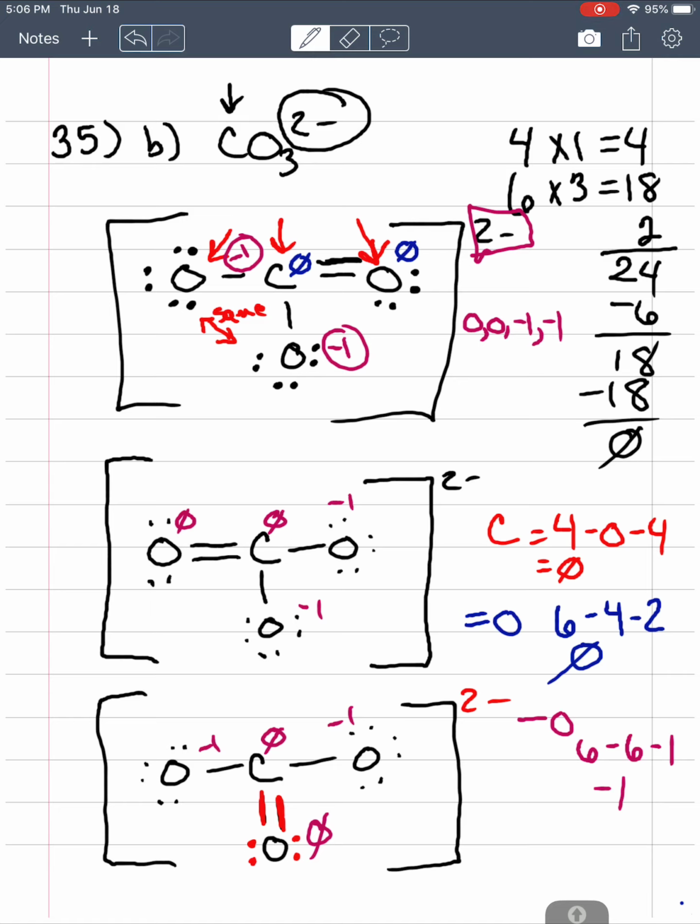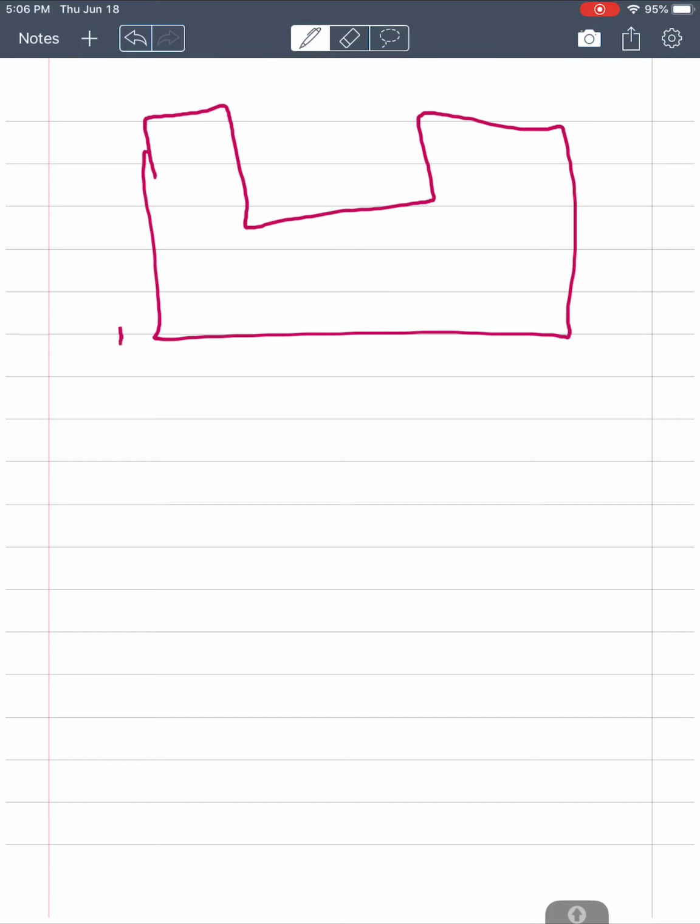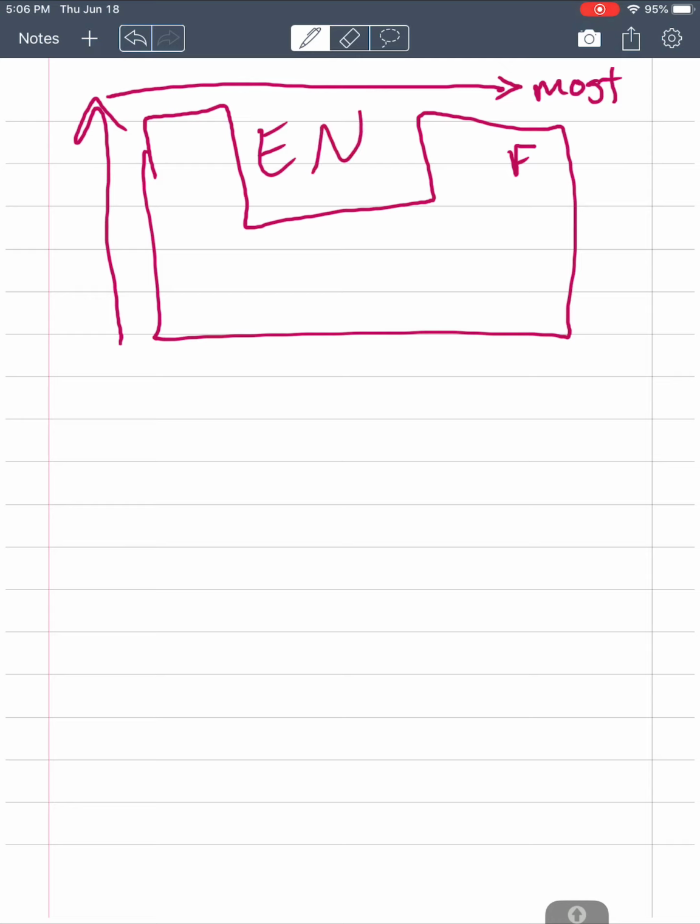And they are, because oxygen is more electronegative than carbon, according to our periodic trend. So our periodic trend is this. It increases going up, and it increases going this way. Fluorine is the most electronegative, and francium is the least.